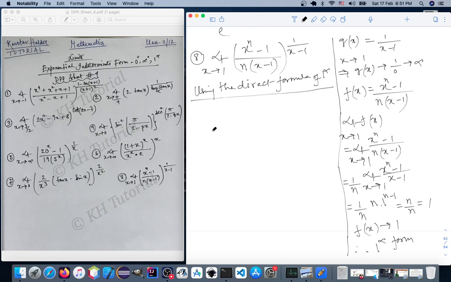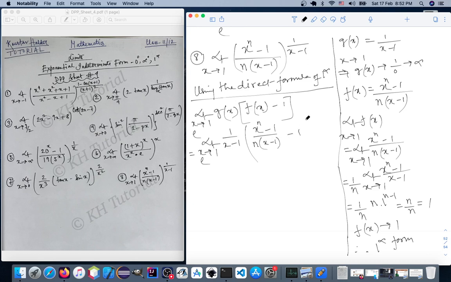We get the answer as e to the power fx minus 1. What is fx minus 1? Gx is this, fx minus 1, x to the power n minus 1 n minus 1 minus 1.